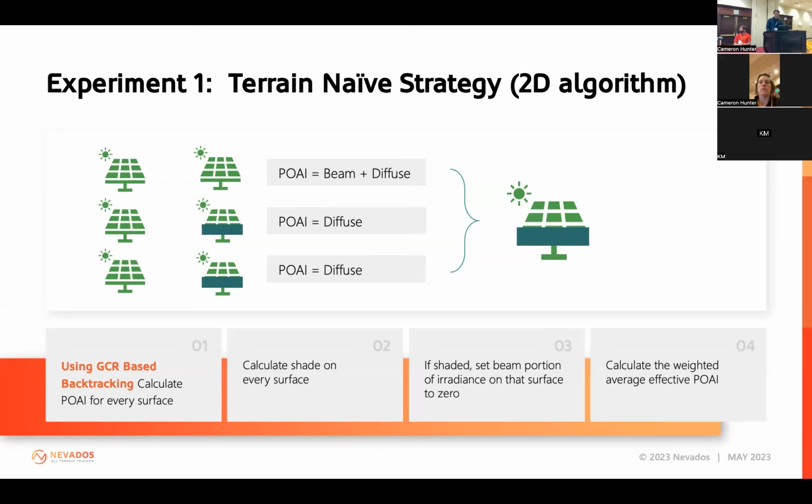And then we ran our ray casting calculation to figure out if there was any shade. We assumed 100% shading electrical effect, so if there was any shade on the module, we reduced the direct irradiance portion to 0. Then we took a weighted average of that effective POAI, with no consideration of diffuse shading.